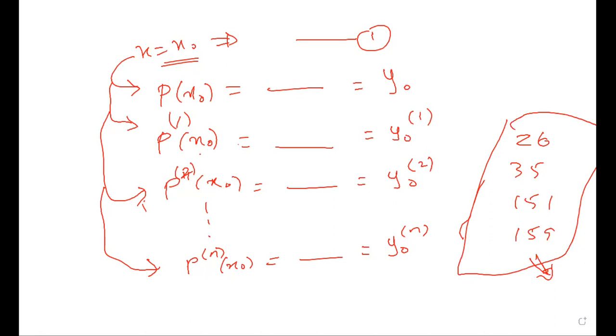What is 0? For what 0? I don't understand. Is P x naught not equal to 0? If you put x equal to x naught in the function and equation 1, are you getting 0? You check your answer.